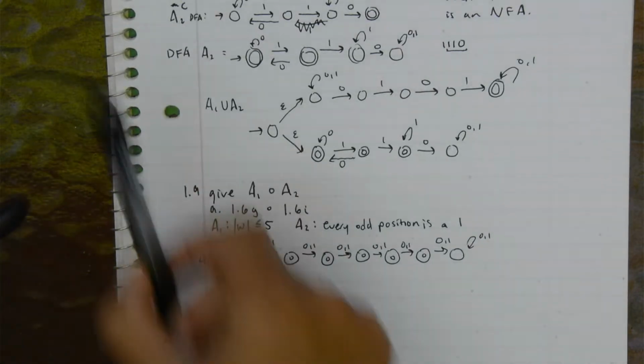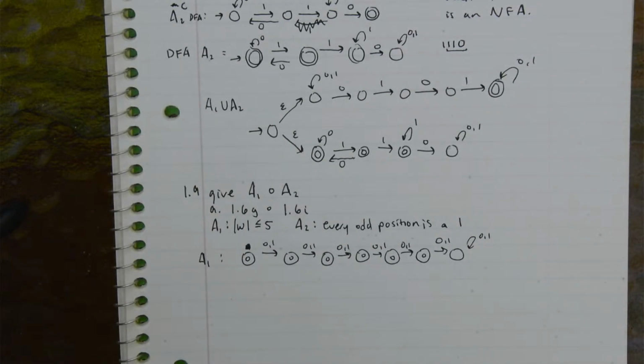So basically you can do whatever you want, but you're going to keep moving down the line. But once you cross 1, 2, 3, 4, 5 transitions, then your length must be greater than 5.